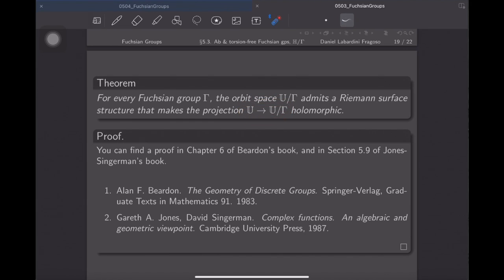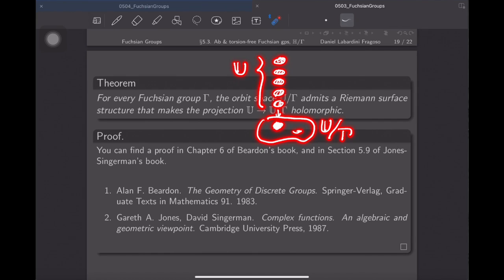Somehow one has the pancake picture here, with my quotient U modulo the action of gamma, and here of course I have U. When one considers such an evenly covered subset of U modulo the action of gamma, one asks what complex charts I can give it.